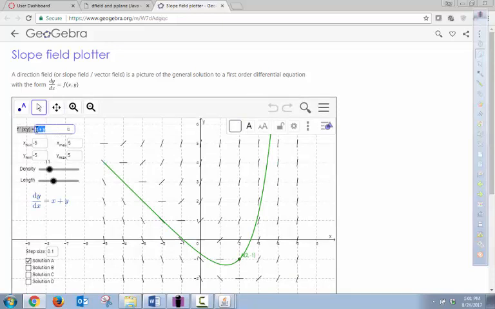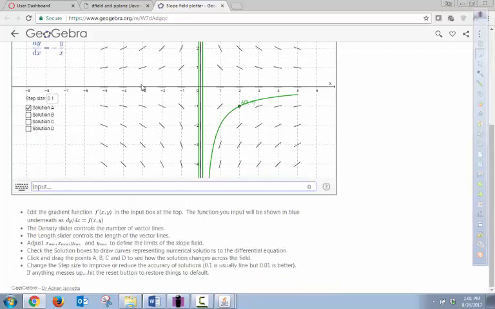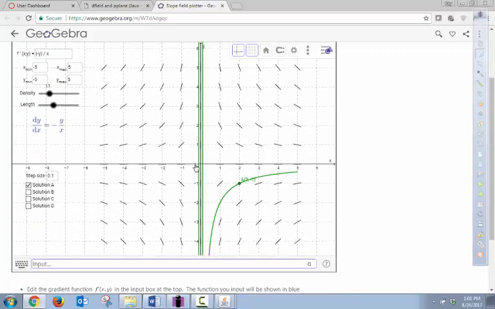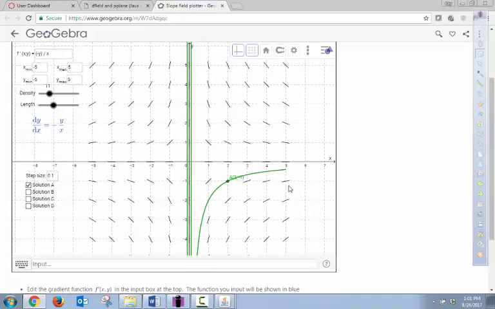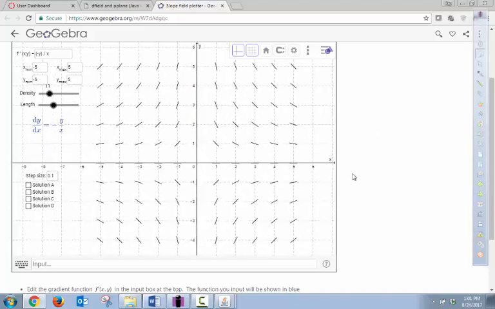And this time they are using x and y, so we can just use minus y over x. This one has some added information here, solutions and stuff. So let's talk about the solutions in a few minutes. But this is generally how the slope field would look. This time it doesn't have any arrows because it's really just a bunch of tangent lines. You can look at it that way.